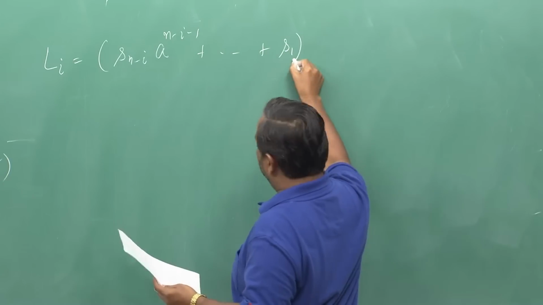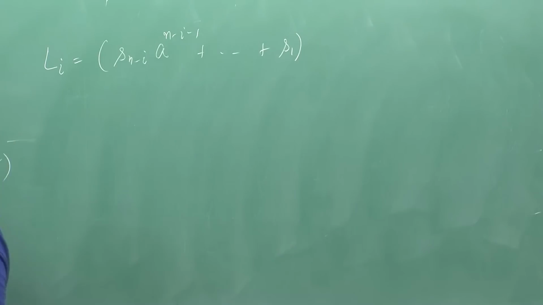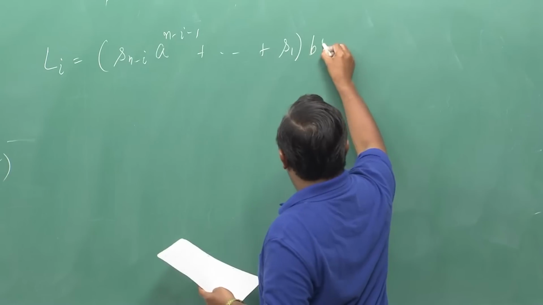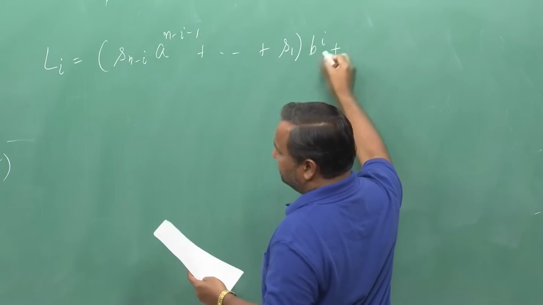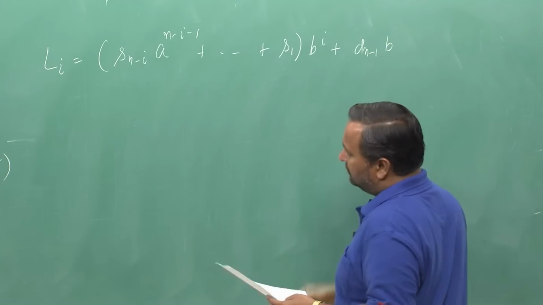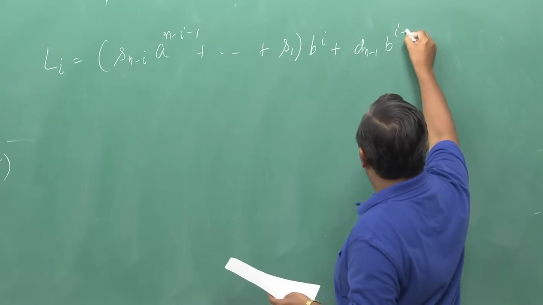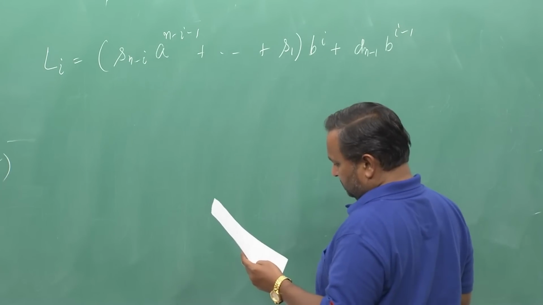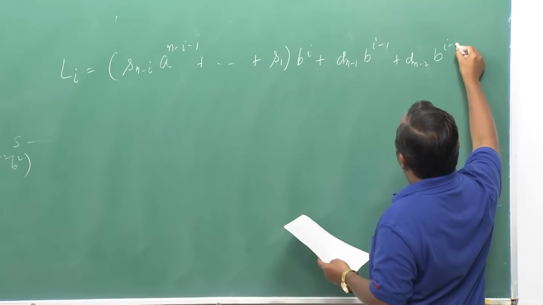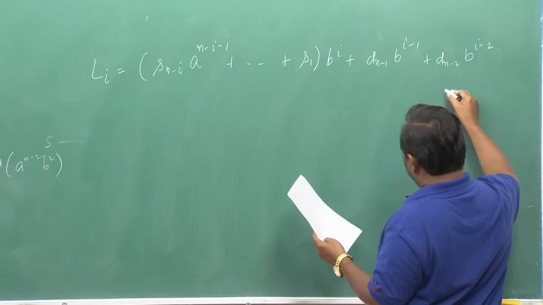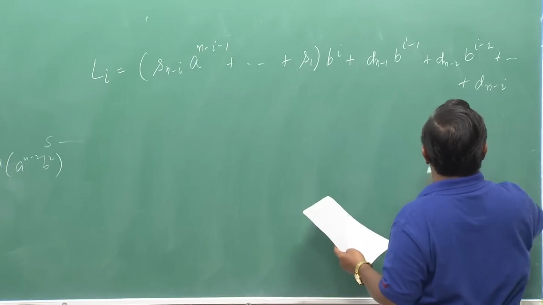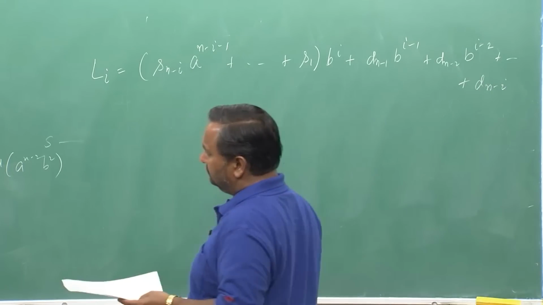The last term will be S1, since it is 3 it has to be b raised power I here, plus you will be having d of n minus 1 b raised power I minus 1, plus d of n minus 2 b raised power I minus 2, and so on till the last term, which will be d of n minus I. Okay.